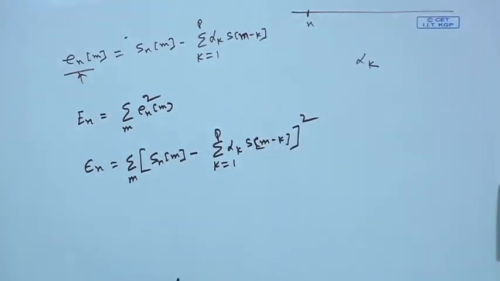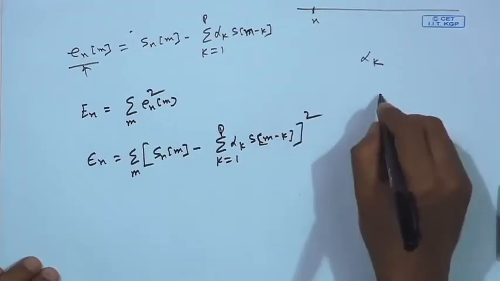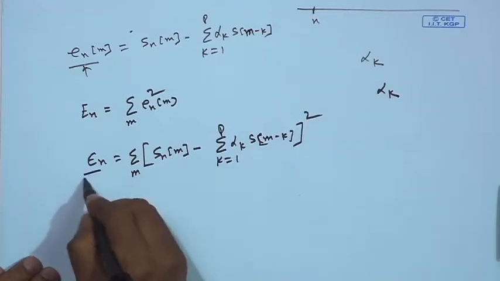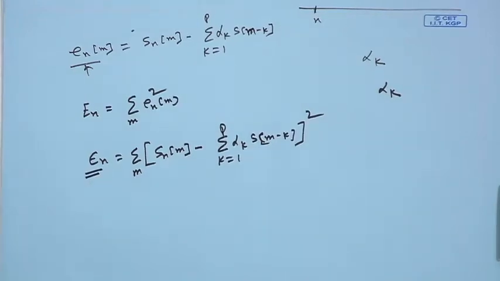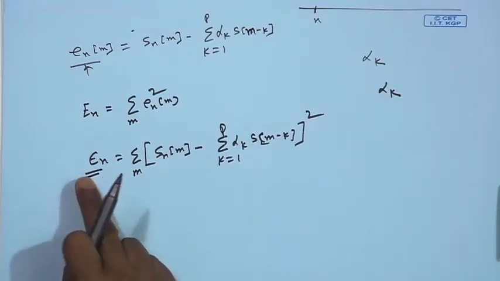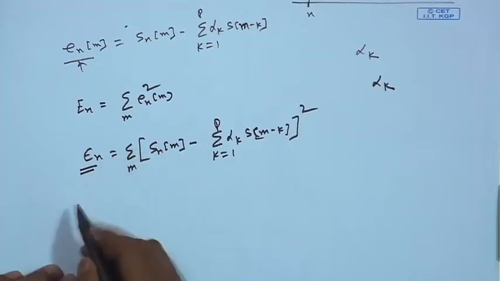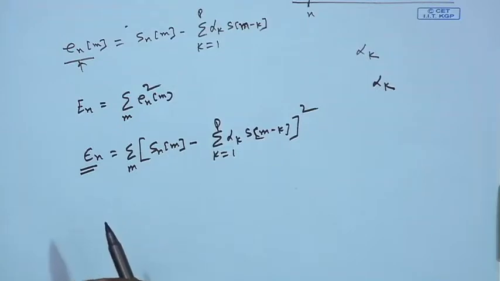Now, I have to find a set of values of alpha k for which this error is minimum. How to minimize the error? Let us take the function minimization problem.